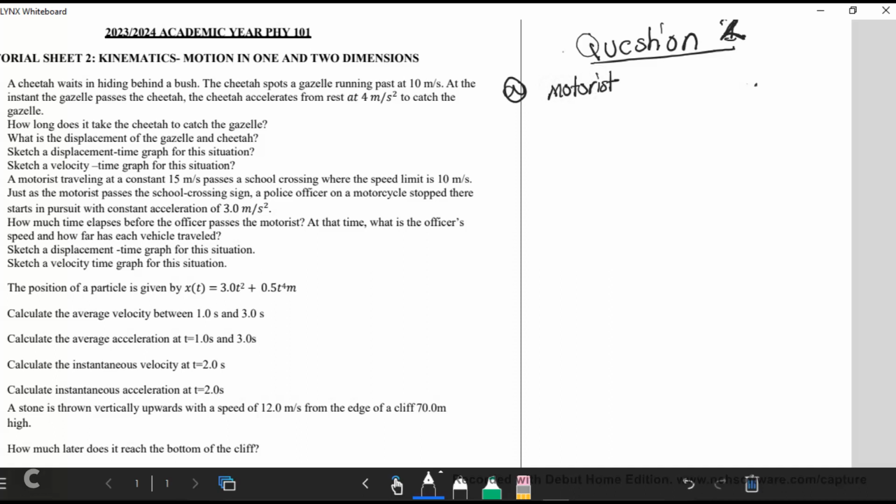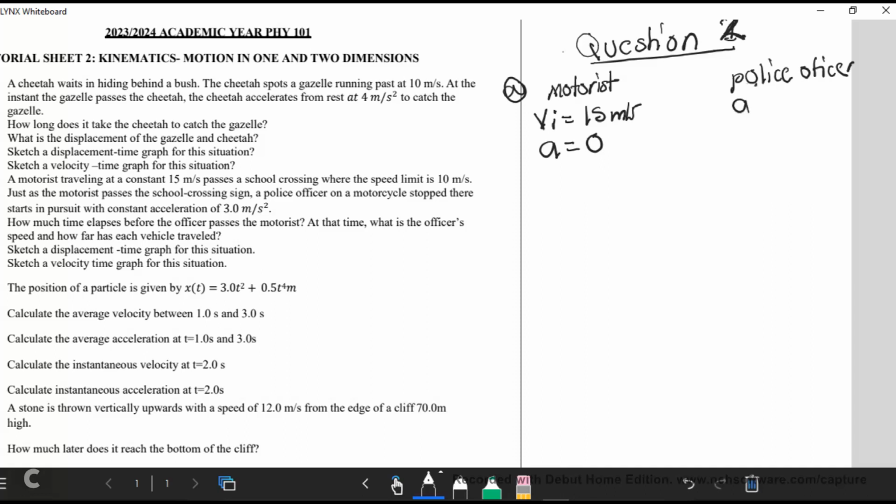So here you have the motorist like that. Here again we have the police officer. So the motorist was traveling at what speed? It was traveling at 15 meters per second, which is the initial speed and is constant, again meaning the acceleration will be 0, because this one is moving at constant velocity.